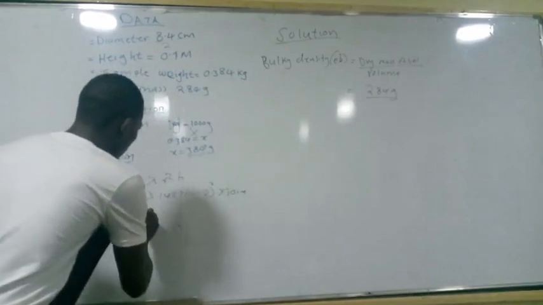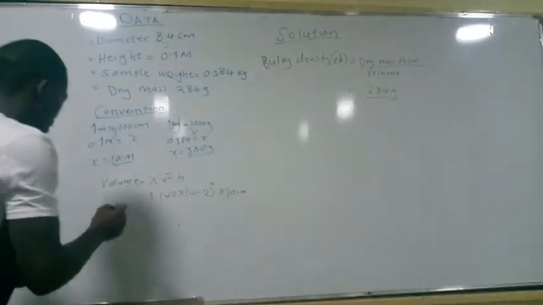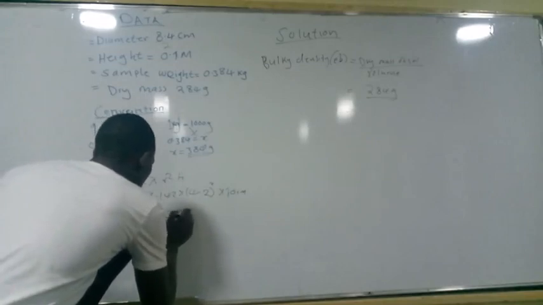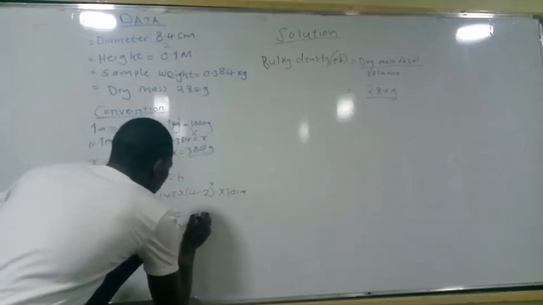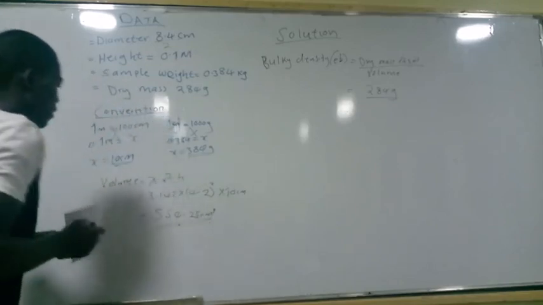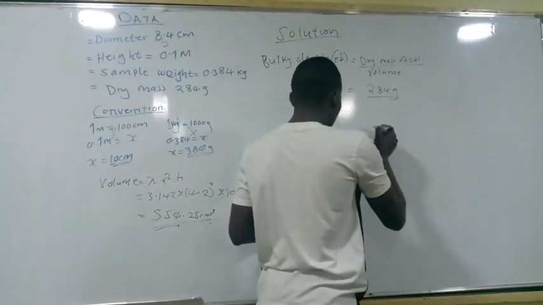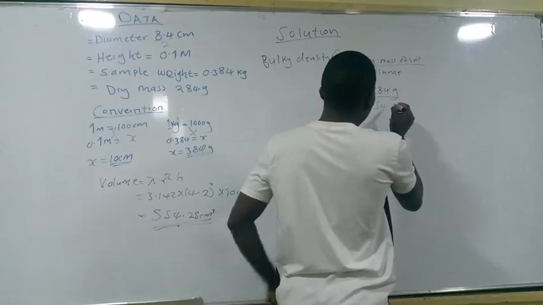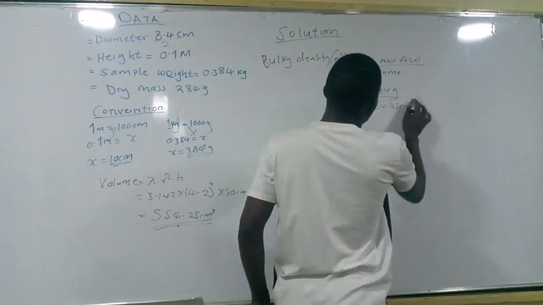Now, when you punch this into your calculator, automatically you are going to get 554.25 centimeter cubed. So this is our volume, and we're gonna plug it here. 554.25 cubic centimeter.